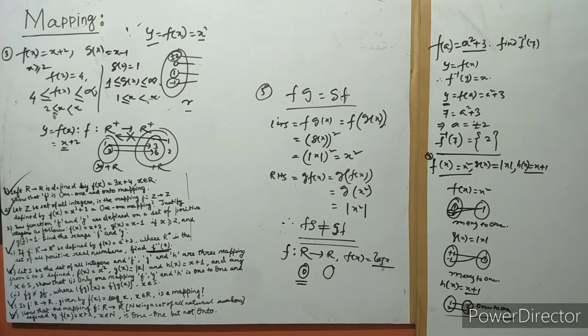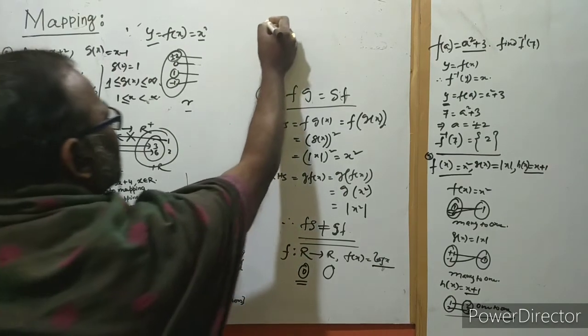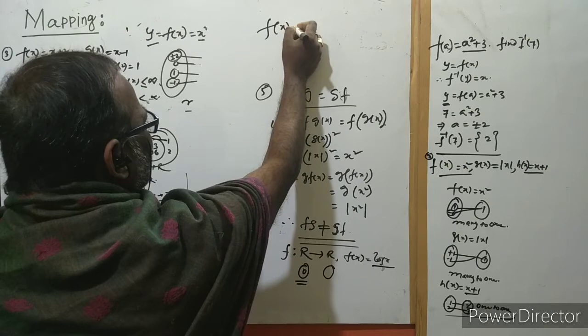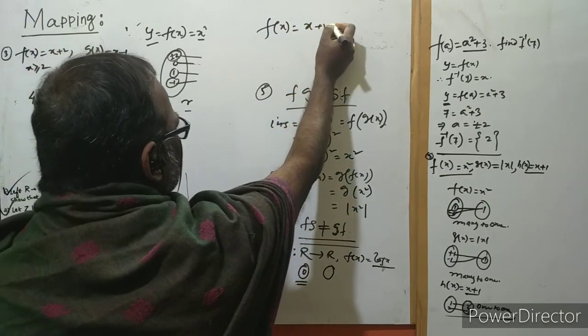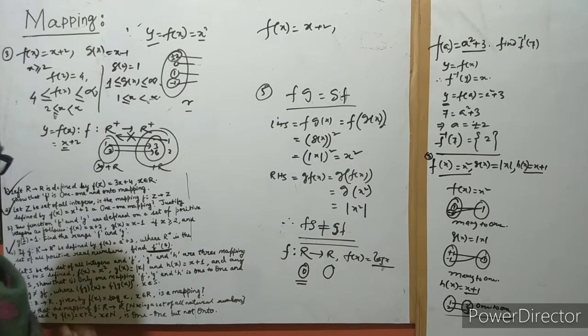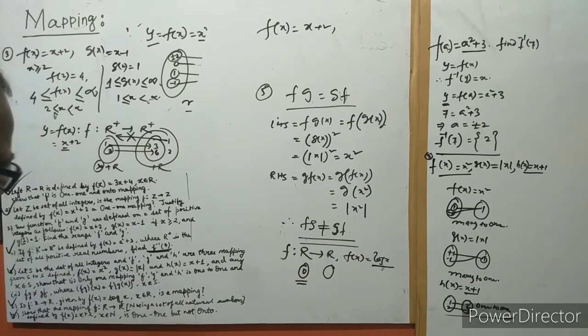So the mapping f from real number to real number, where n is a natural number. Actually it is saying natural number to natural number, which needs to be written here. So this is your given. This type of problem was discussed with all of you.